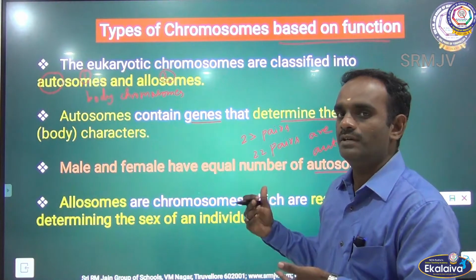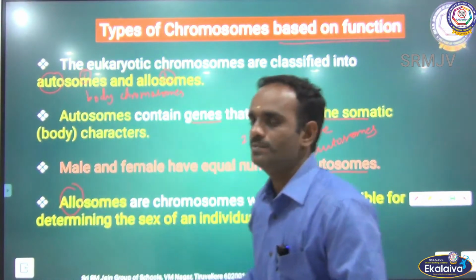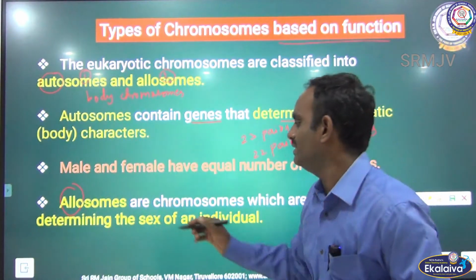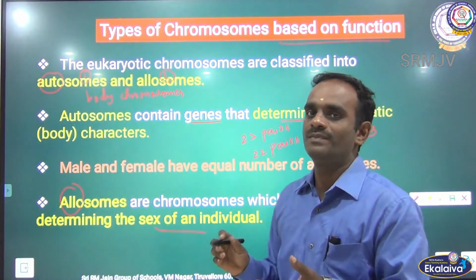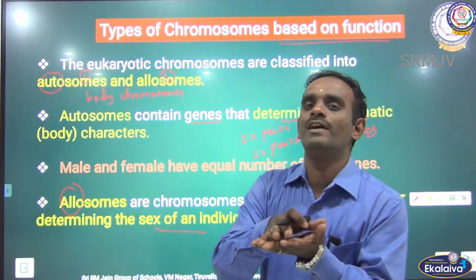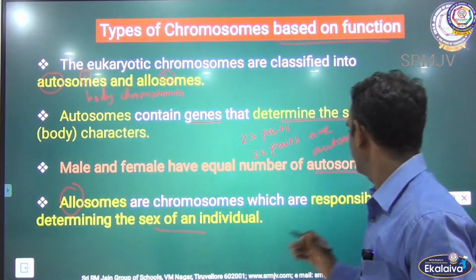The next type is allosomes. Allosomes are chromosomes which are responsible for determining the sex of an individual. The last 23rd pair only determines the sex of an individual.